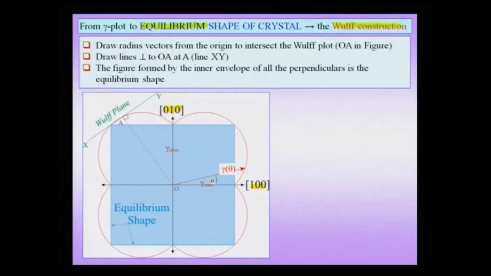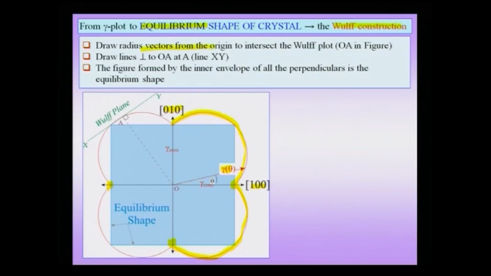The way it is done is that we start with the variation of the surface energy with respect to theta. So, we have a polar plot of the surface energy with respect to theta, and suppose I am considering a fourfold direction in a cubic crystal, then this gamma plot will also have a fourfold symmetry. Another important point to note is that this gamma plot would have certain cusps, as you can see, which represent low energy surface orientations.